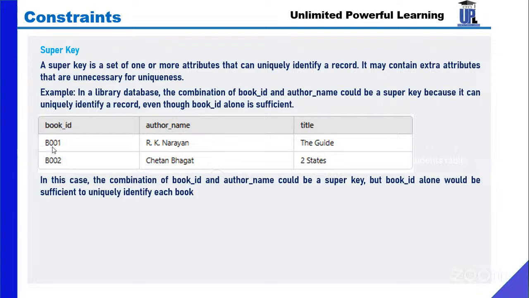But sometimes we take book ID plus author name to get the title of the book. If you believe only book ID is sufficient, then book ID is the super key. These are what people normally talk about as different types of keys.